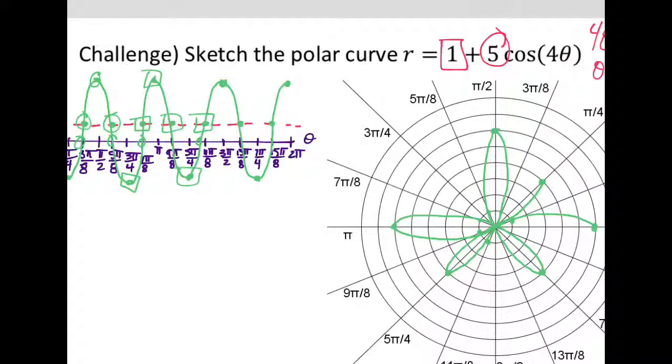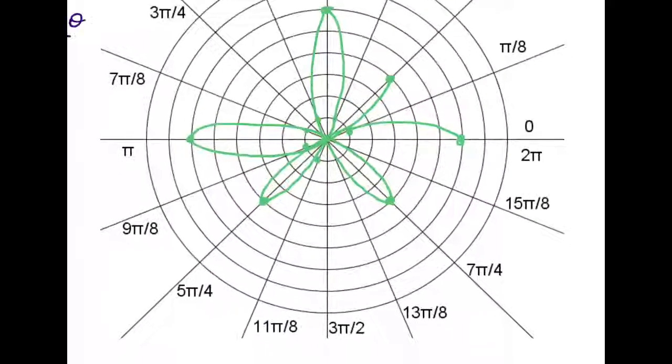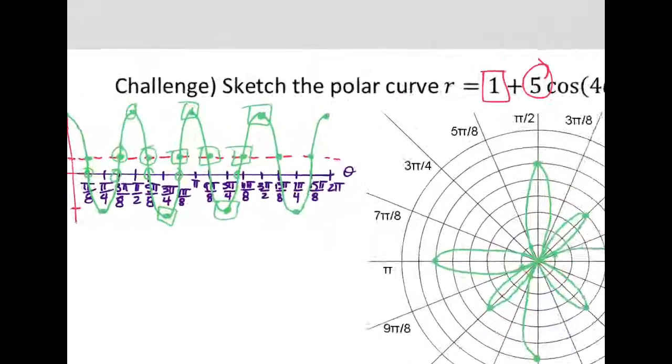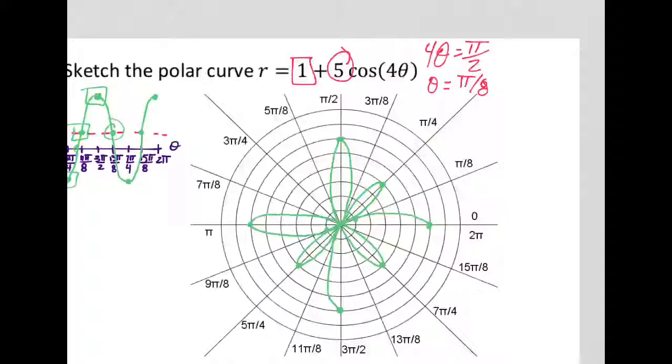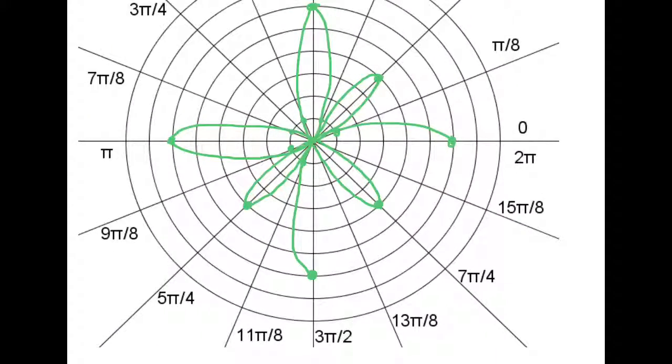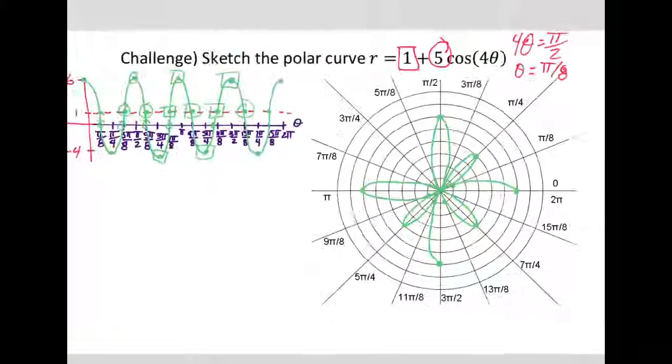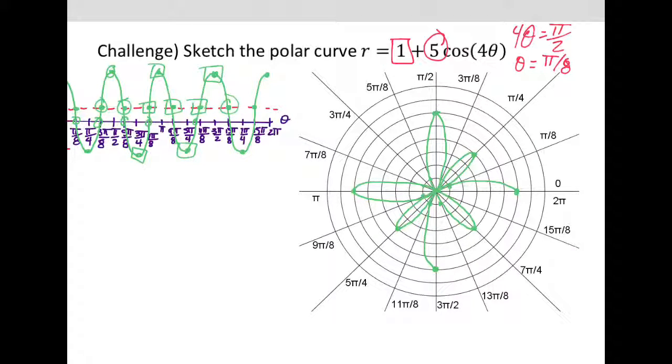And then I'm going to go up to a 6 at 3 pi over 2, which is right there. So I'm going to curve down, cross the pole, hit that 1, curve out to a big petal. And then finally, another 1 at 13 pi over 8. So that guy right there. And then a 4, another small petal at 7 pi over 4.